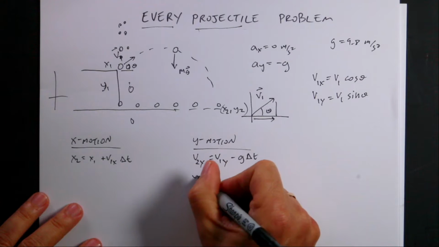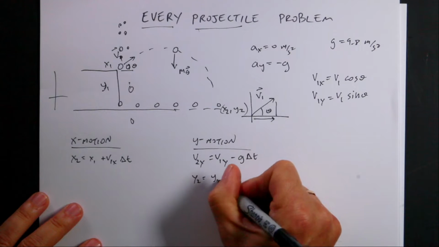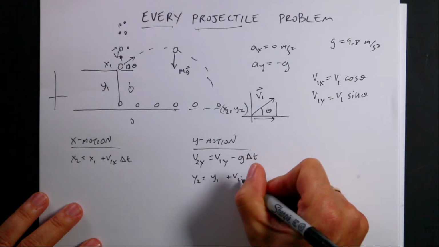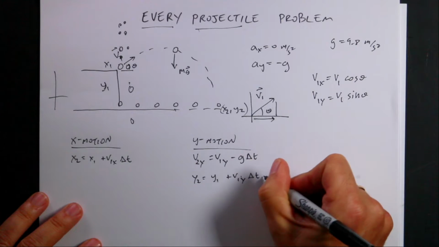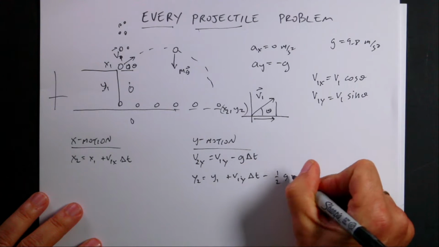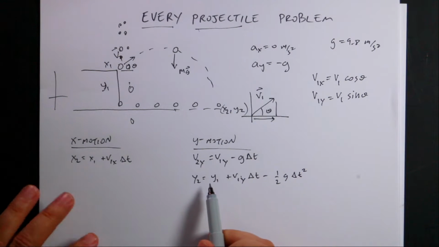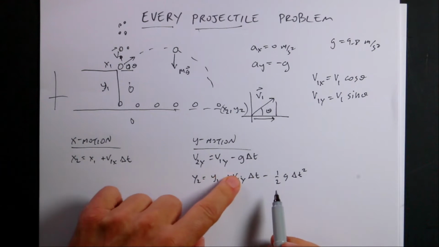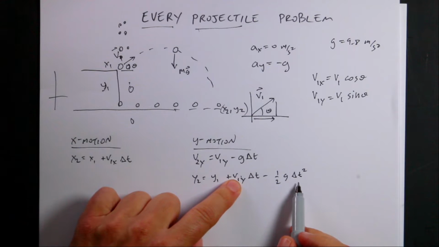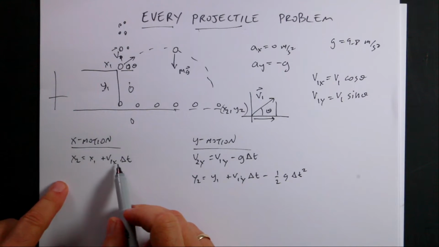I could say y2 equals y1 plus v1y delta t minus 1/2 g delta t squared. This is your basic kinematic equation. If I know where it starts and where it ends and the initial velocity, I can use this to solve for the time. And then I can plug that time in over here.